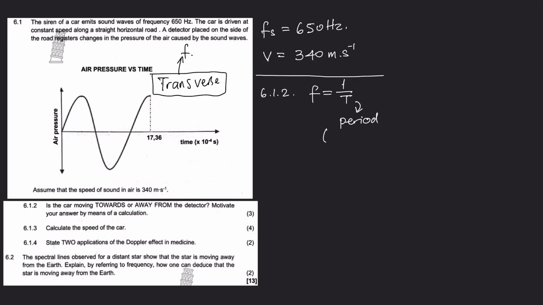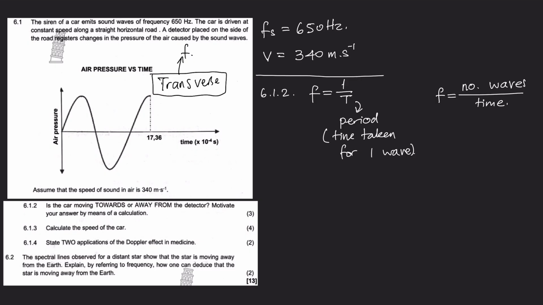And remember, period is the time taken for one wave. Now, this wasn't given to us, so I wouldn't recommend using this formula, though you could work it out. Another formula to calculate frequency is frequency is equal to the number of waves divided by time.